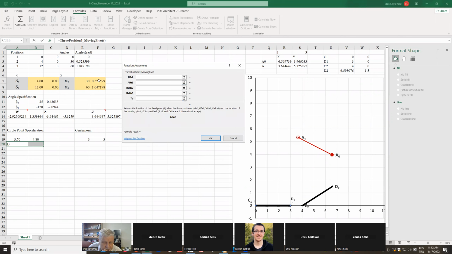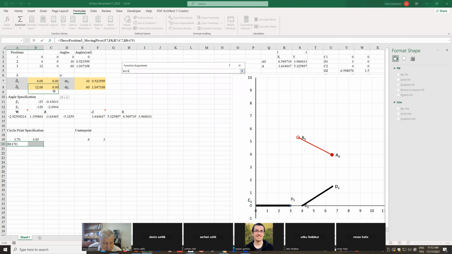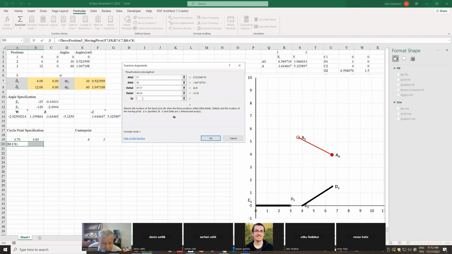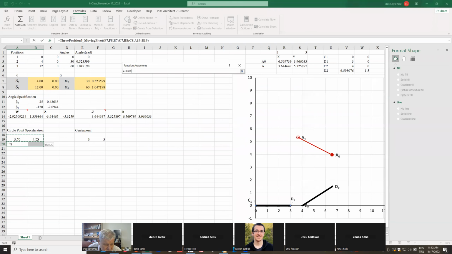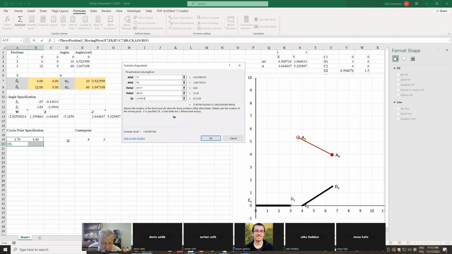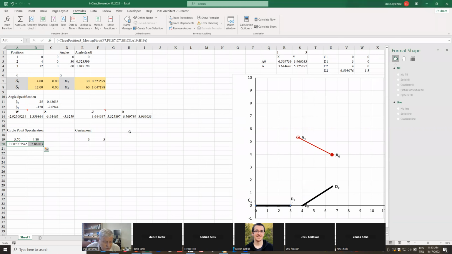Again, it asks for alpha 2, alpha 3, delta 2, delta 3. Zp is minus z. It is this value. It is the location of the moving pivot, circle point. Okay? Control Shift, Enter. You have marked 2 cells because it's going to return R only. Okay?